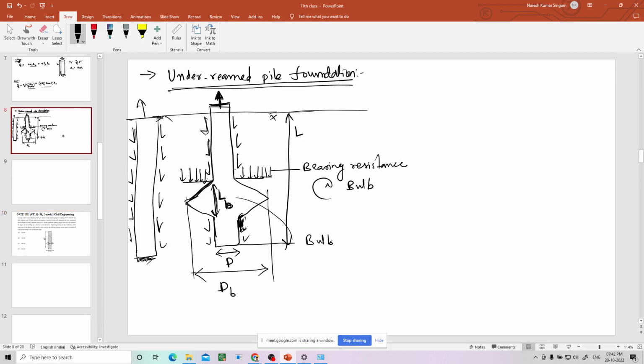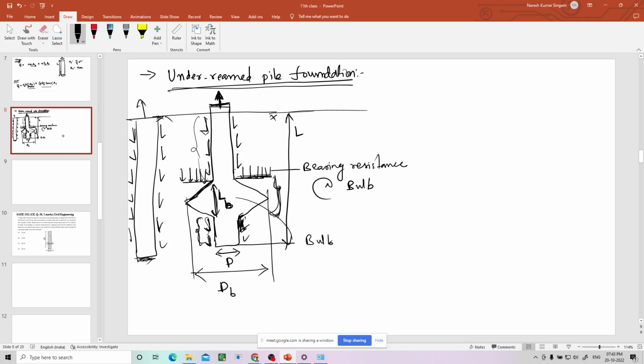If they are telling you to neglect the frictional resistance at this portion, you can neglect. But if they are not saying, you have to calculate the resistance at this portion also. You get resistance from the surface from this portion and this portion, not this portion. This portion will not give any frictional resistance. Instead, that will give bearing resistance, right?